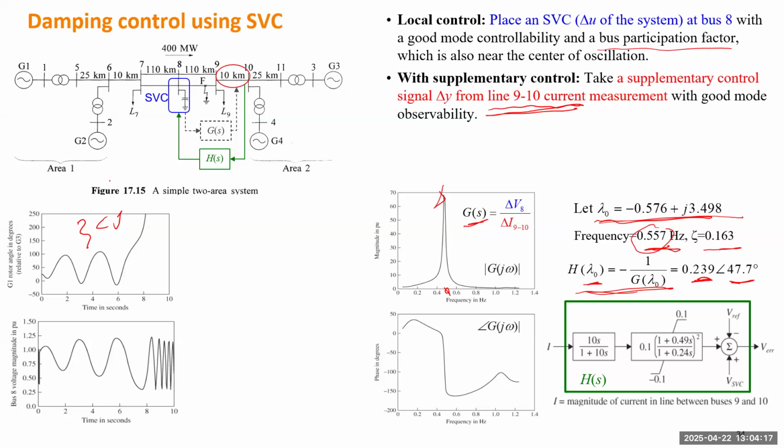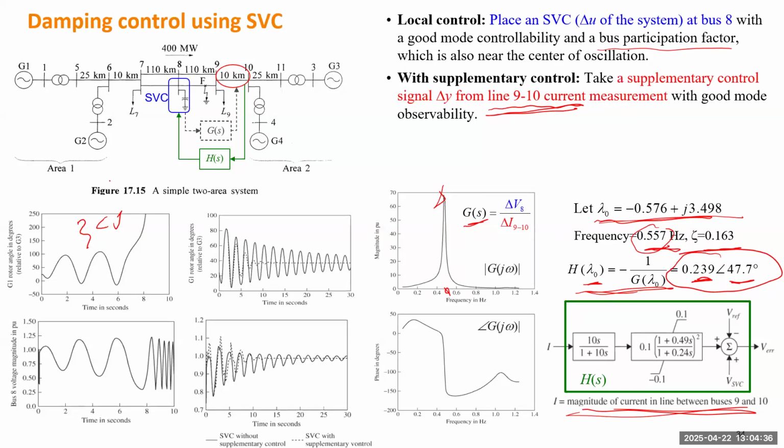So if you draw this, because everything is given, if you use MATLAB function to draw the Bode diagram, you will see the Bode diagram will compensate the Bode diagram of G(s), and finally will give you the desired amplitude, the gain, and also the phase shift.